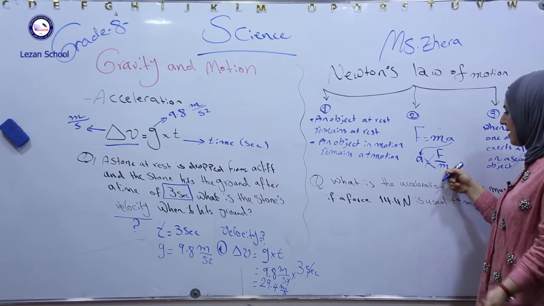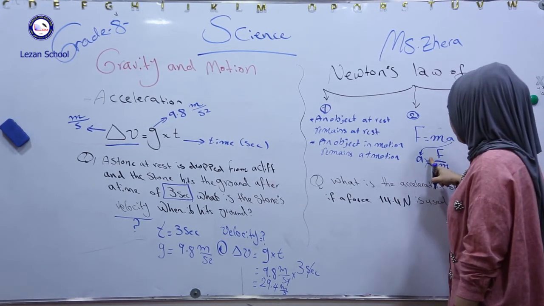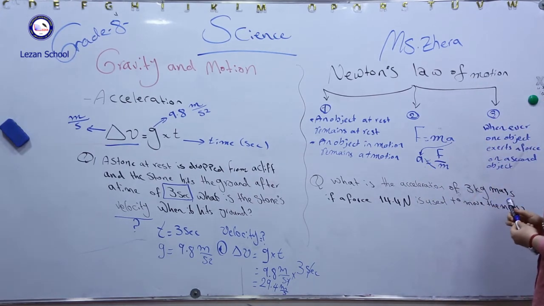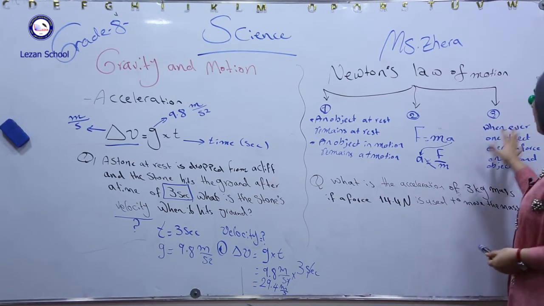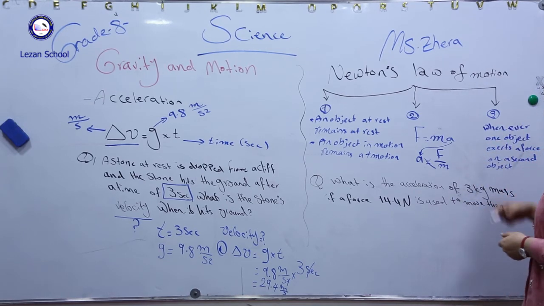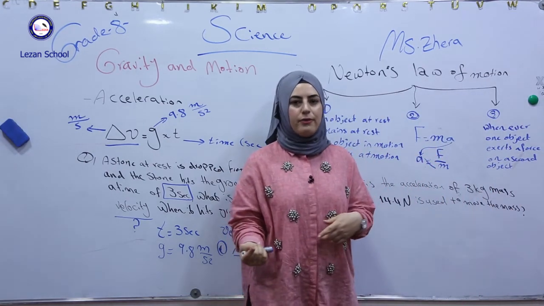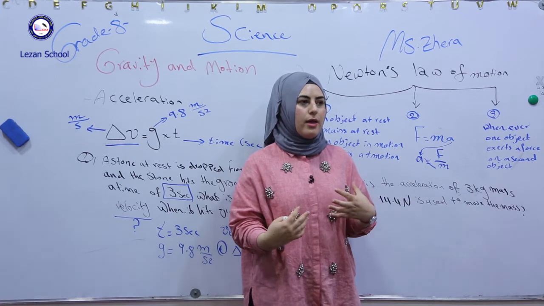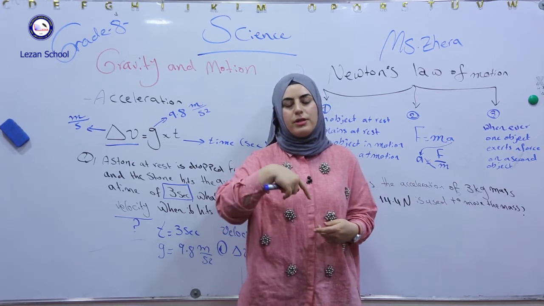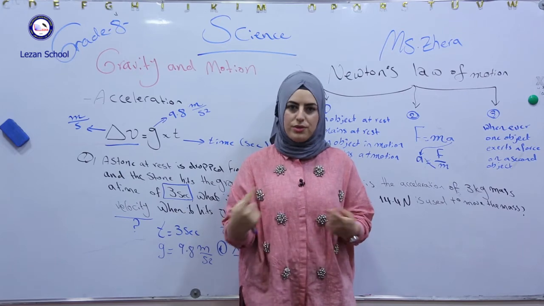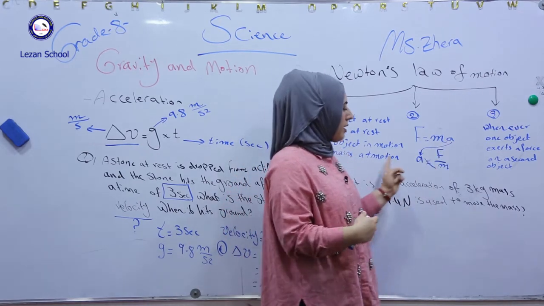When I increase the mass, the acceleration decreases. The third law is called action and reaction. When an object exerts a force on a second object, the second also exerts a force on the first. When I exert a force on the wall, the wall exerts a force on me in the opposite direction. This is the third law.